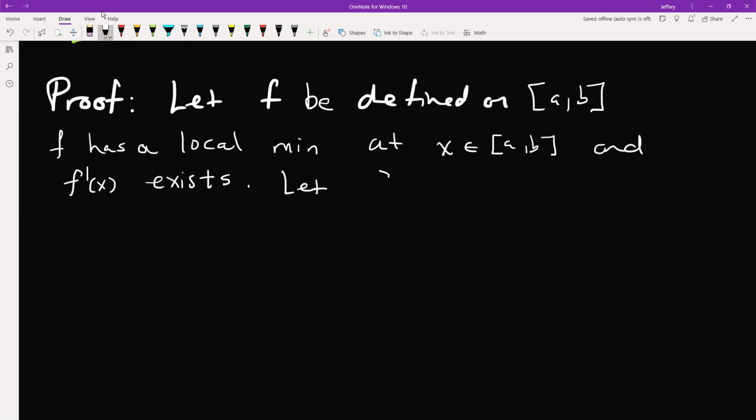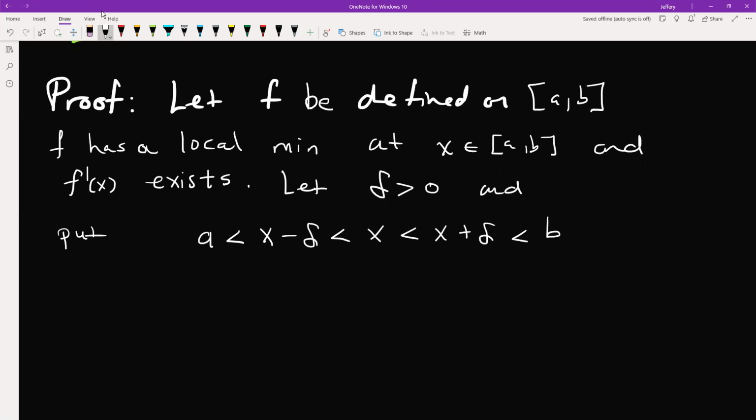Let delta be greater than 0, and we're going to put it like this. a is less than x minus delta, then x is in the middle, and of course x plus delta is on the right side of x, and this is less than b. Okay, so now I've got this little delta neighborhood around x.